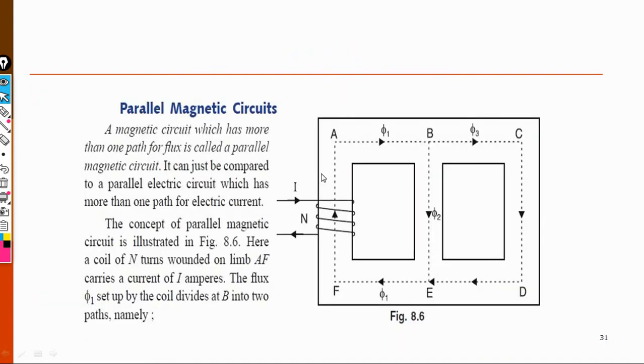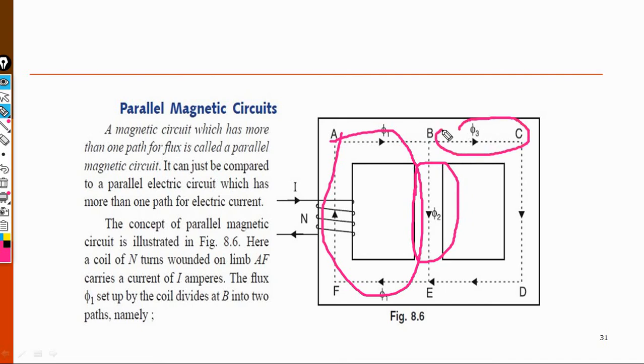Also, this is the circuit diagram for a parallel magnetic circuit. The same concept and same diagram: a parallel magnetic circuit has more than one path. This is the first path, phi 1, then this is the second path, phi 2, and this is the third path.